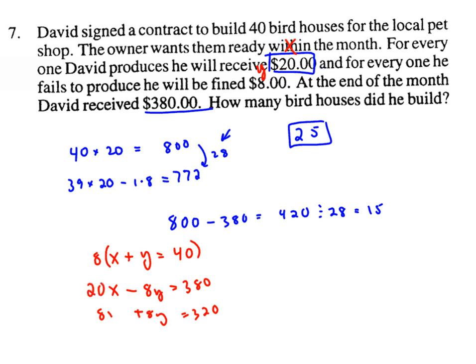When you add these together, you get 28x equals 700. And when you divide 700 by 28, you get x equals 25, and x was the number of birdhouses he did actually build.